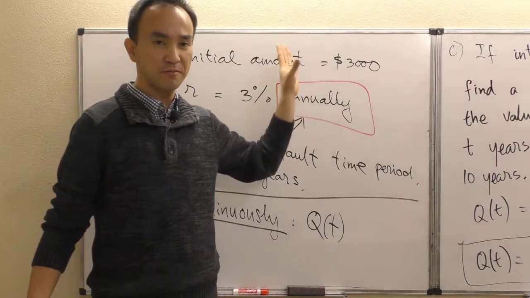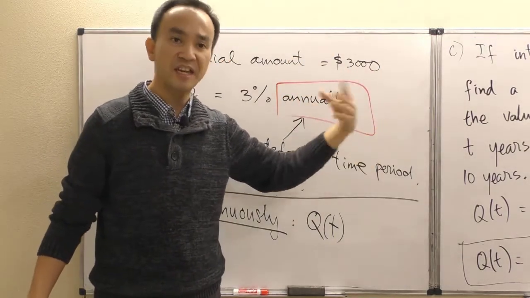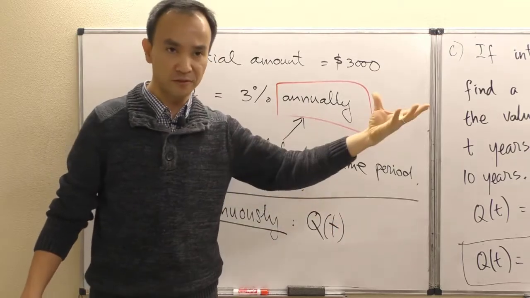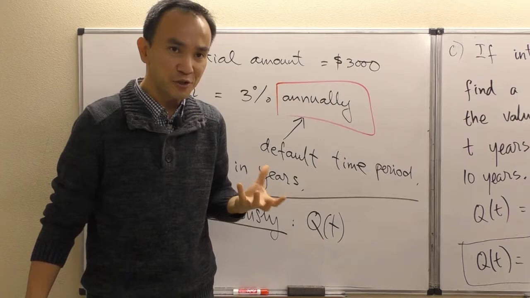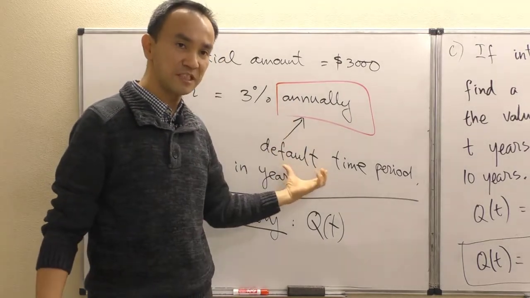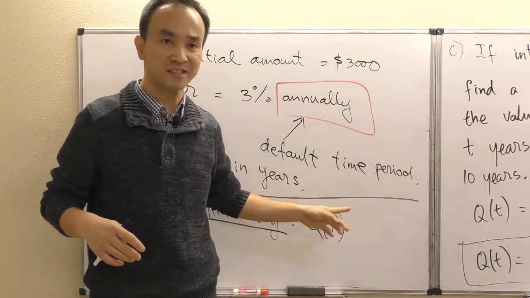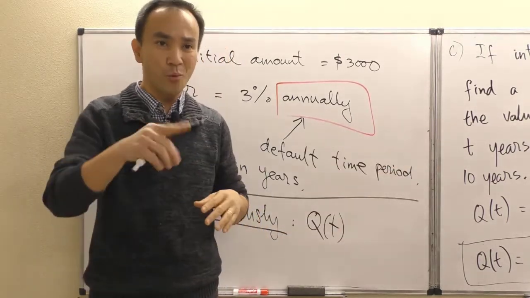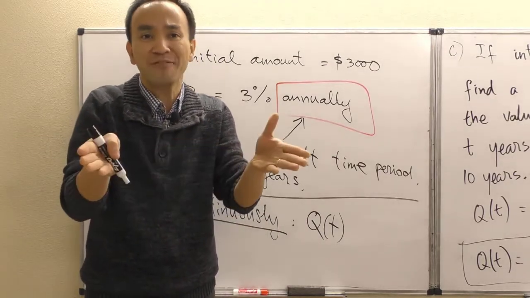So if the problem refers to default time periods being in days, then t is the future amount in t days. Okay, the future quantity amount in t days. Or if the default time period is in weeks, then the t here is in how many weeks, and then 1.5 weeks means a week and 3.5 days.